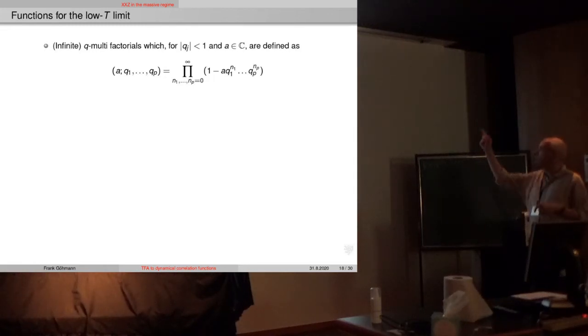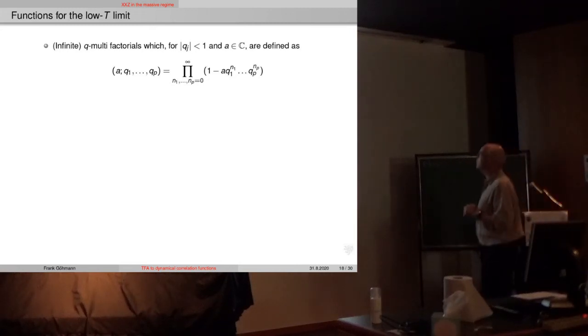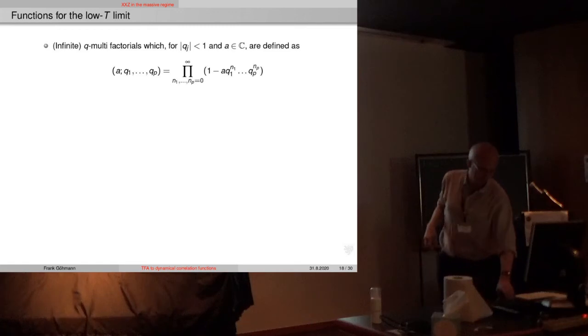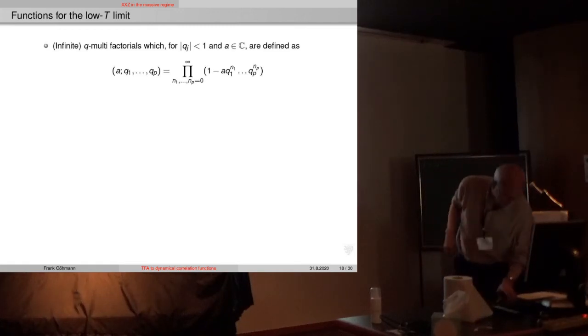But the easiest way is to first introduce Q multifactorials. So Q multifactorials is just a multiple product with p, q parameters, and a is the variable. So these are Q factorials, infinite Q factorials.